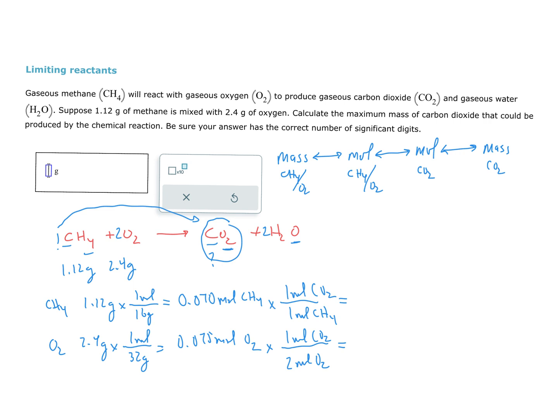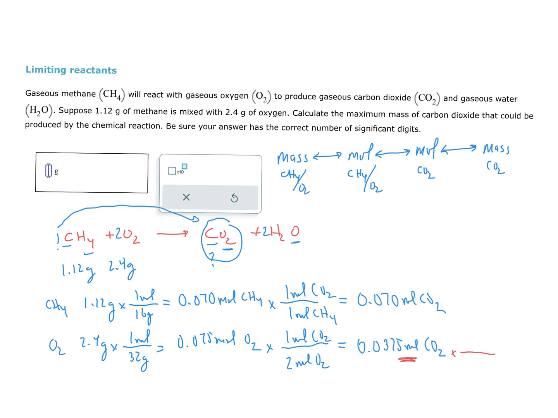So we have approximately 0.07 moles of CO2 that could be made there, whereas we only have about 0.0375 moles of CO2 that could be made from the oxygen. Now you can see that's our limiting reagent because that's the smallest number of moles. So we only need to carry forward with that number of moles because the reaction stops there. That's going to limit the mass of CO2 that we can make in this reaction.